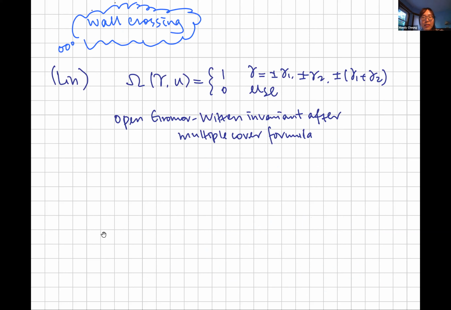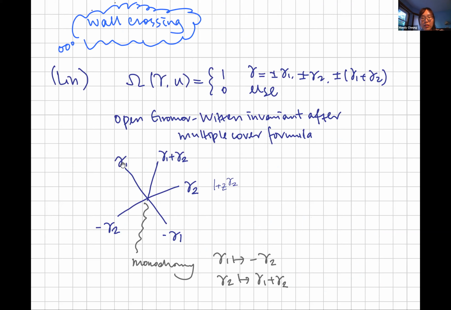Here we can explicitly say what the wall crossing function looks like, which is almost identical to Mark and Julia's talk, which is log of F_gamma equals the sum of a series with the coefficients given by this open Gromov-Witten invariant counting.